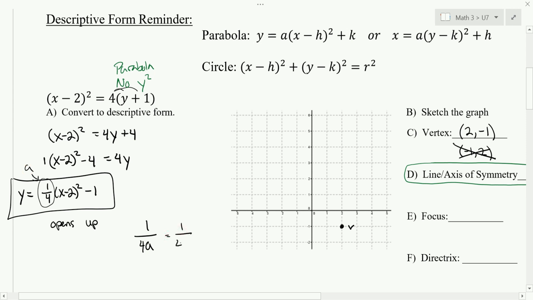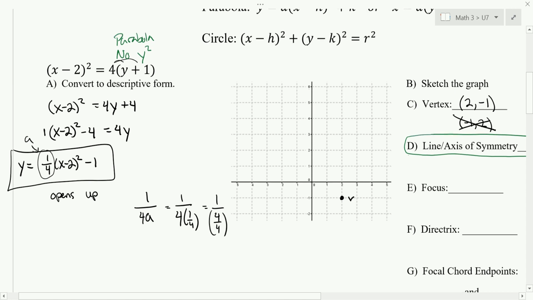So I get 1 over 4 times 1/4, which is 1 over 4 times 4 over 4. And you can either reduce that 4 over 4 and just get 1 over 1, or you can take that 4 over 4, flip that fraction over, and get 4 over 4. Either way you do it, you're going to get 1. Okay, so it's a distance of 1 from the vertex right above it. There's our focus at 2, 0.